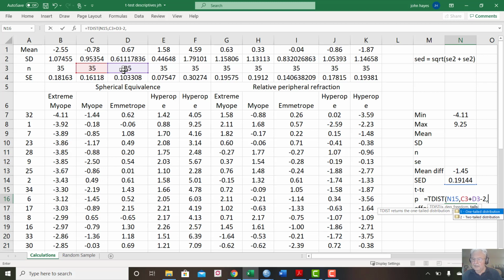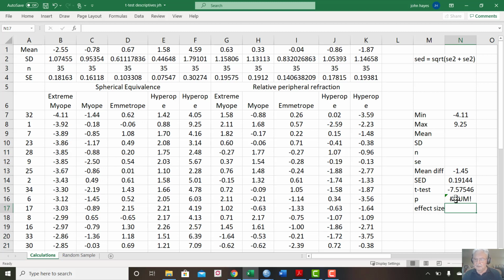And then it asks, are you doing a one-tailed or a two-tailed? We pretty much always do a two-tailed. That is part of the null hypothesis. It's chance. It can go either way, to the left or right. So it's a two-tailed. We're testing the chance. But we see that it's not chance.